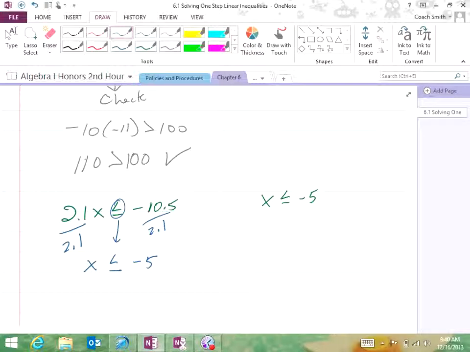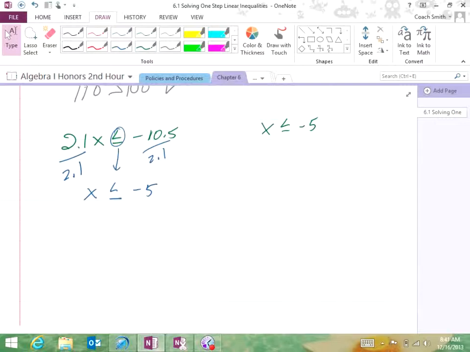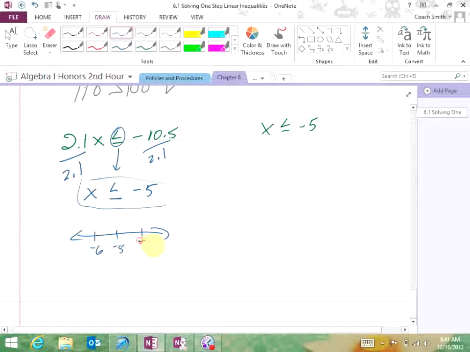Ella: I just have a question about which way you draw the arrow, whenever you make the graph. When you graph it, it's going to depend on how that is written. So if I was doing this one, it would be like this: negative 6, negative 5, negative 4.